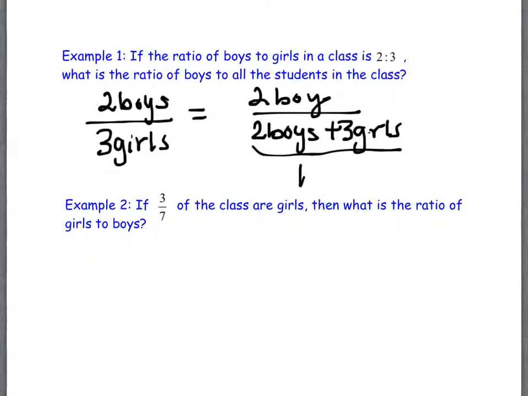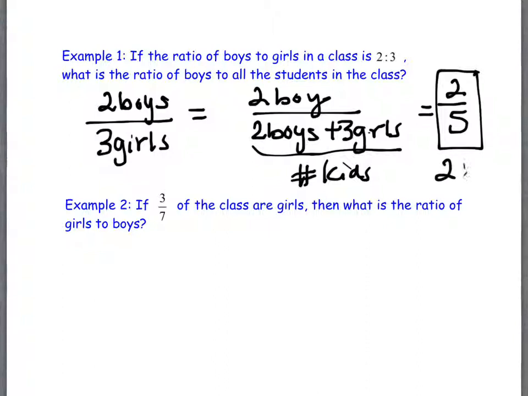And this is the total number of kids, at least in the ratio. So this would be 2 to 5. And you can write it like this or like this. Okay. It's sort of easier to think about when you say it, when it's written the second way with the semicolon, but it's easier to work with in terms of working a problem when it's done in fractional form. You can go the other direction, though.